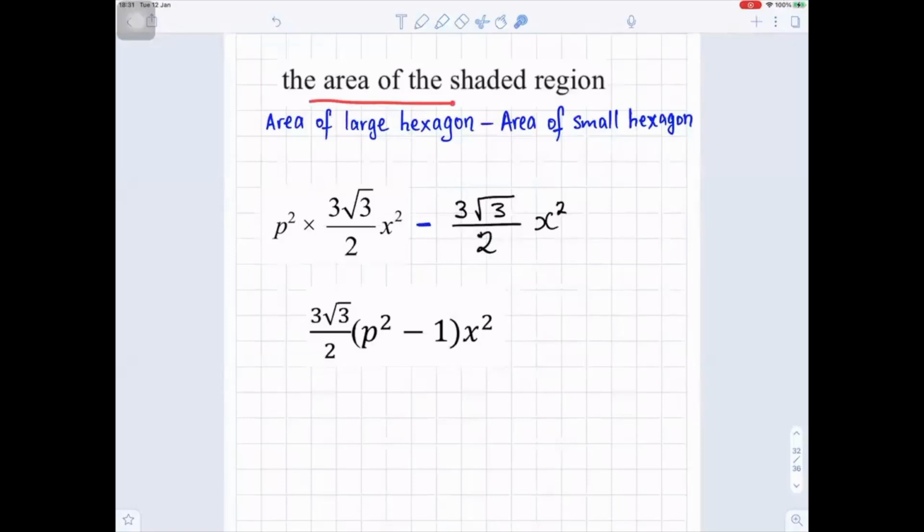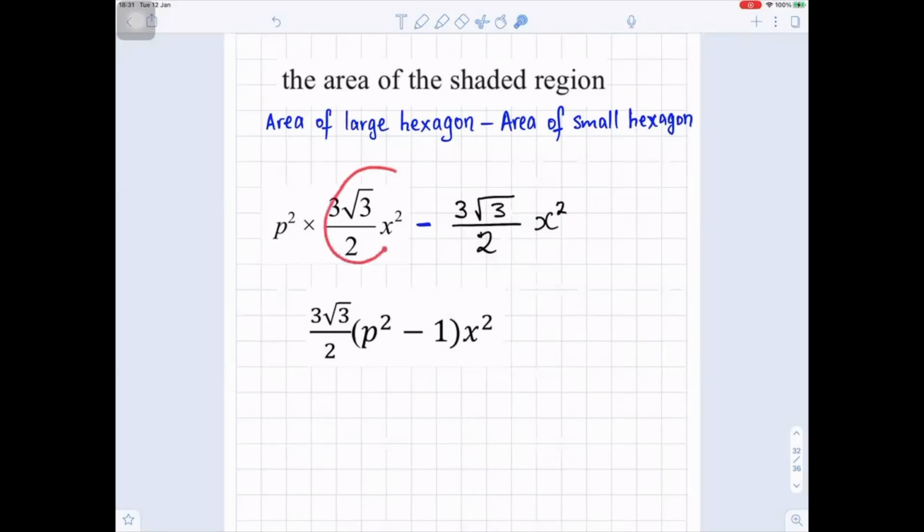So the area of the shaded region is equal to the area of the large hexagon minus the area of the small hexagon. So the area of the large hexagon is P squared times 3 root 3 over 2 x squared, minus the area of the small hexagon, 3 root 3 over 2 x squared.